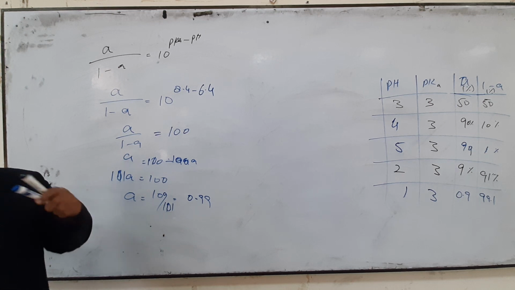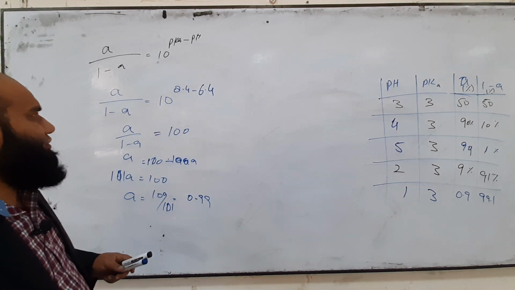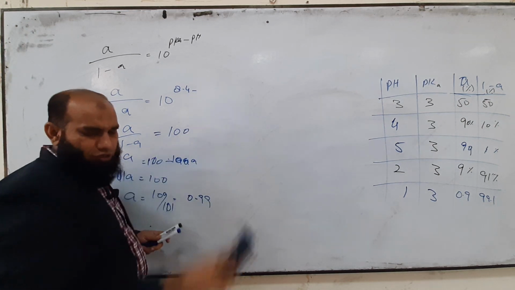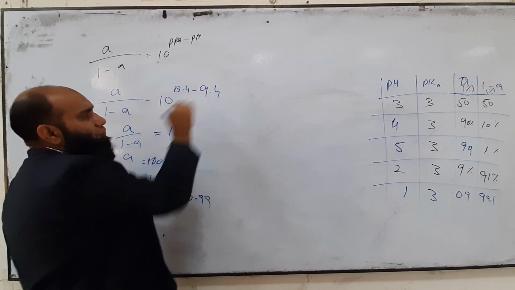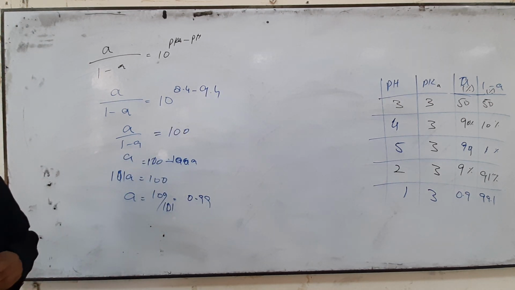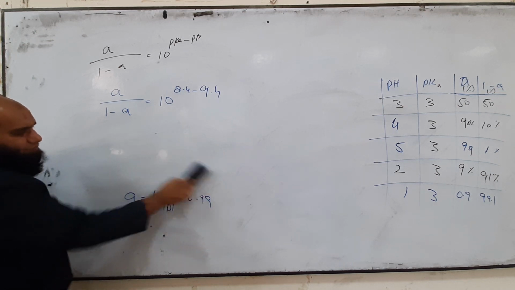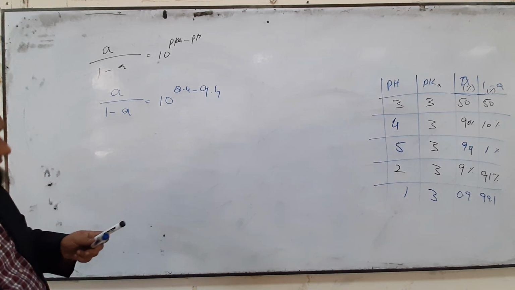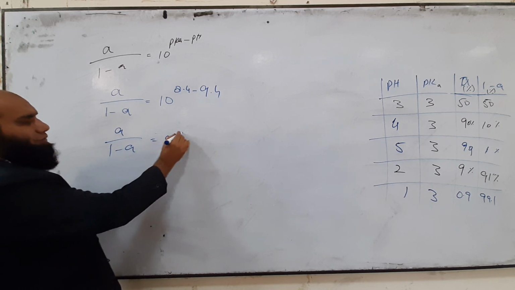Same case, now we are moving towards the negative side. For example, pKa is 8.4 and pH is 9.4. Now our difference is 1, but negative, -1. We can write ionized over 1 minus ionized equals 0.1.